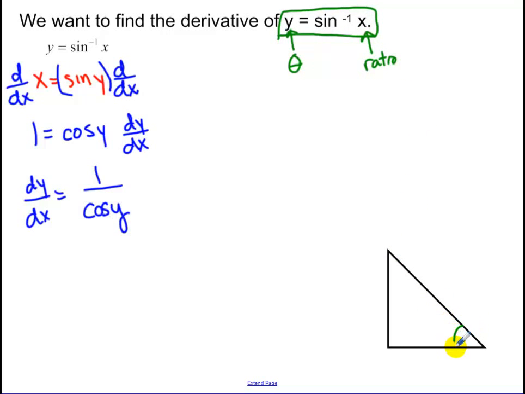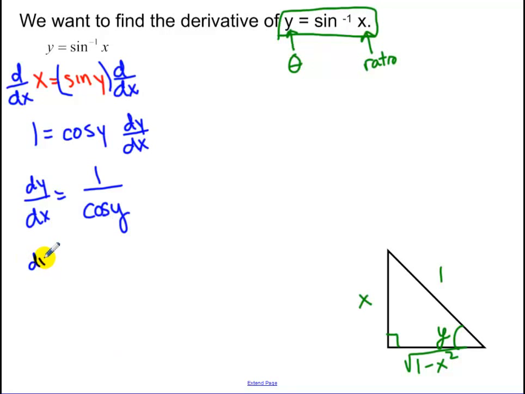So my angle in a right triangle, instead of naming it theta, let's name it y. At angle y, our ratio for sine is x over 1. Using the Pythagorean theorem, we get the adjacent side to our angle y to be the square root of 1 minus x squared.